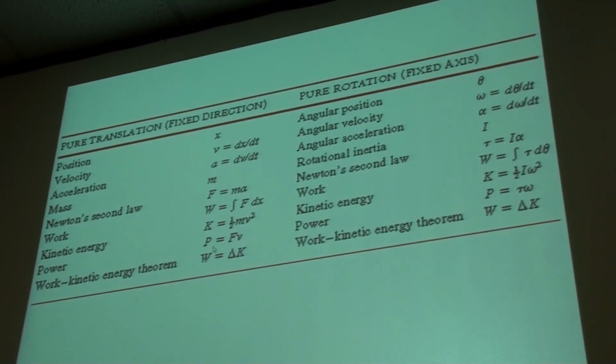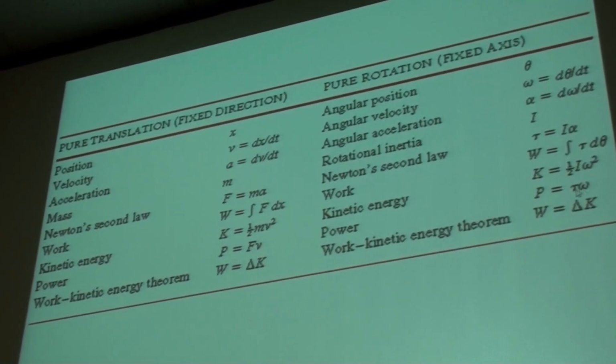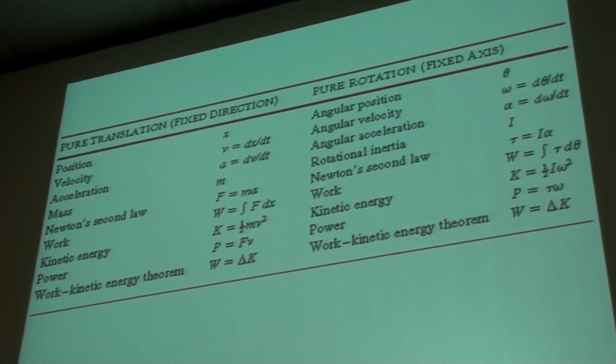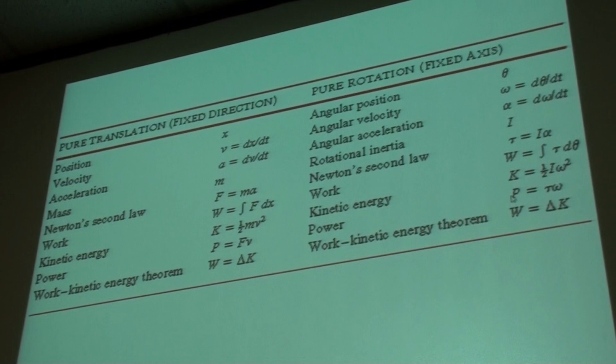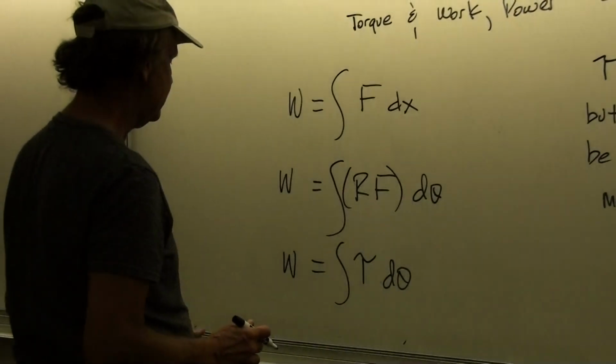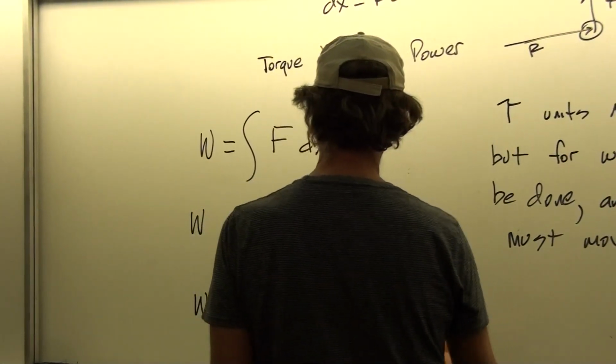Now power, we saw before, is force times velocity, but if force is replaced by torque, and v is replaced by omega, we should have an equivalent kind of relationship for power in a system that has torque.